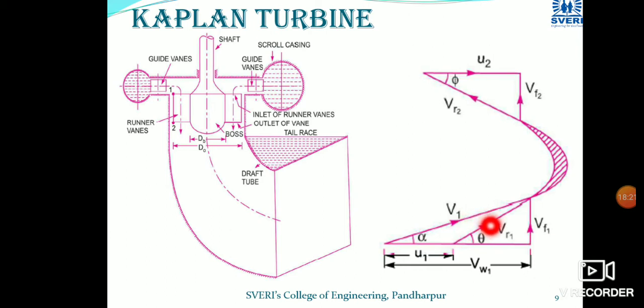So alpha is the blade angle at inlet, theta is the relative component making angle with tangential direction. It is called as vane angle at inlet. And as the discharge is axial, here again VW2 is equal to 0, therefore V2 is equal to VF2, and VR2 whatever angle it is making with tangential is called as phi.